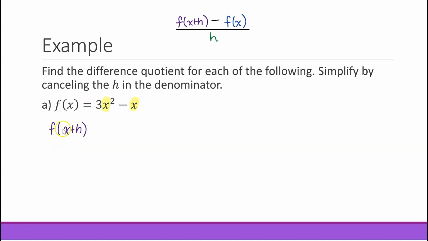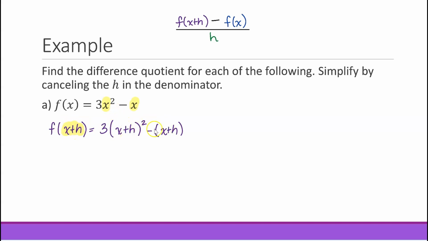We are finding f of the quantity x plus h, so same concept: we're just going to plug x plus h into each of these x's. So it's going to become 3 times the quantity x plus h squared minus the quantity x plus h. So I have replaced each x with x plus h.